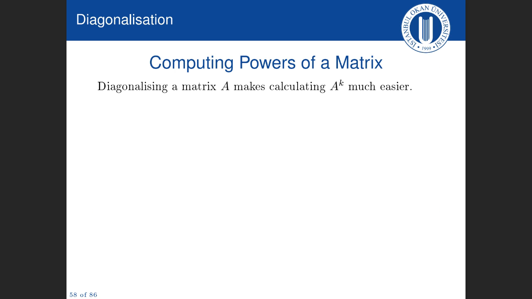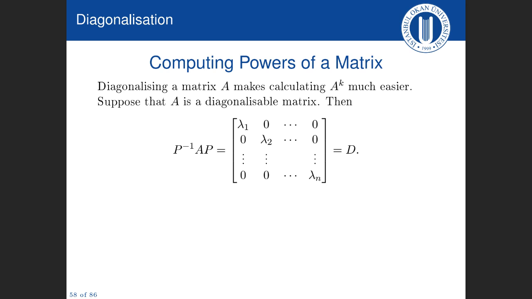Let's talk about computing powers of a matrix. Diagonalizing a matrix A makes calculating A to the power k much easier. Why? Well, first of all, let's suppose that A is a diagonalizable matrix.